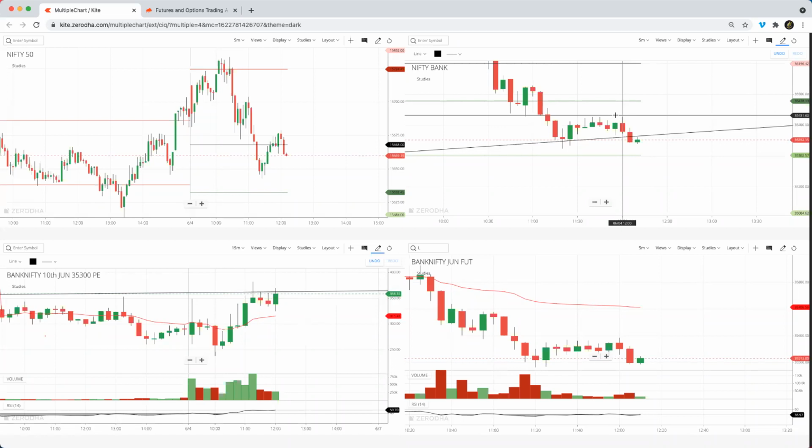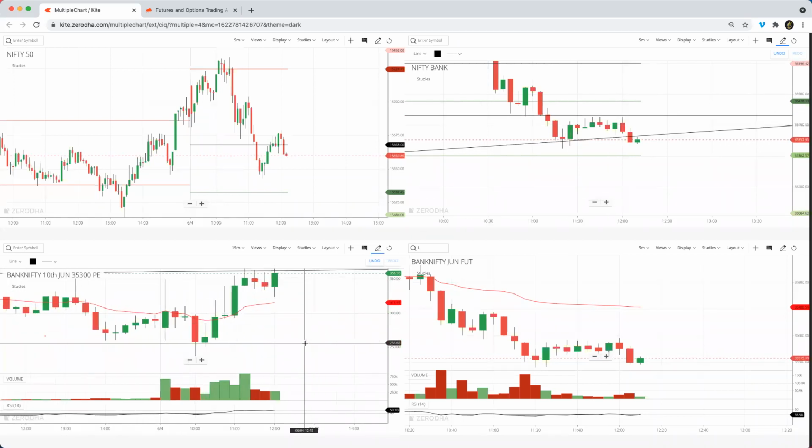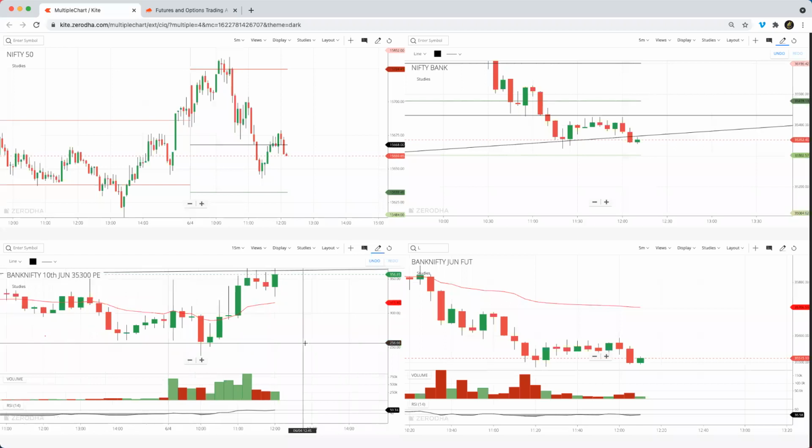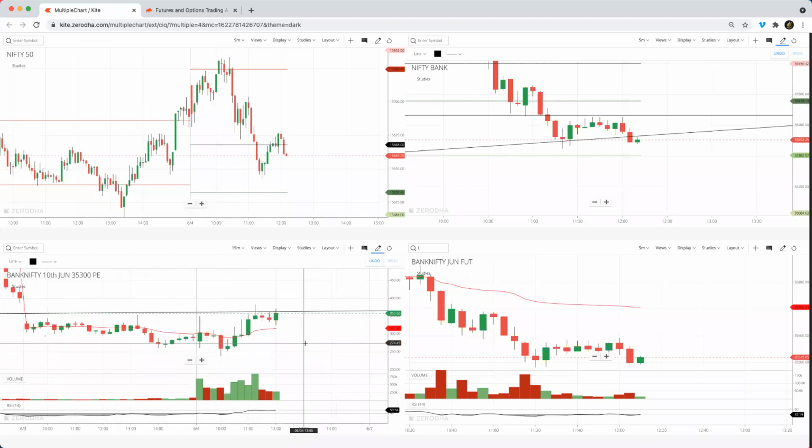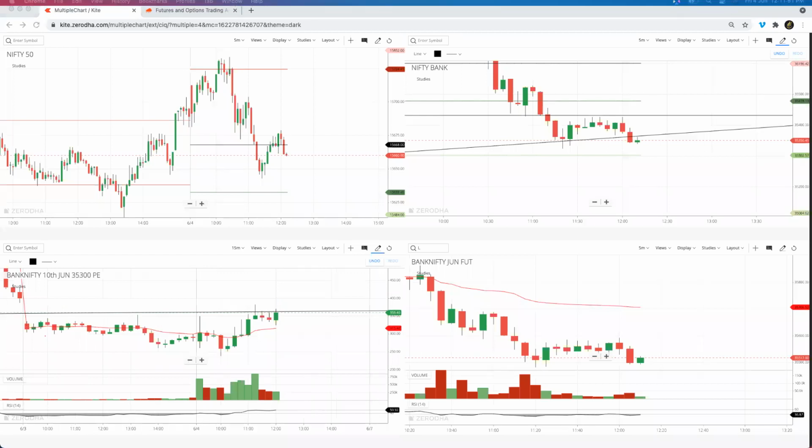Now on the individual chart, if you have a look at the price levels over here, as far as the distance towards the spot is concerned, the risk that we would have to take would be around 100 points.